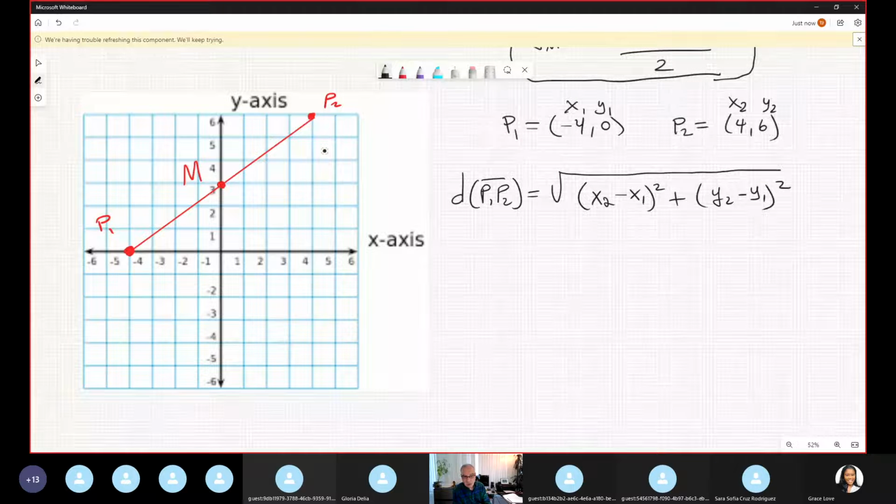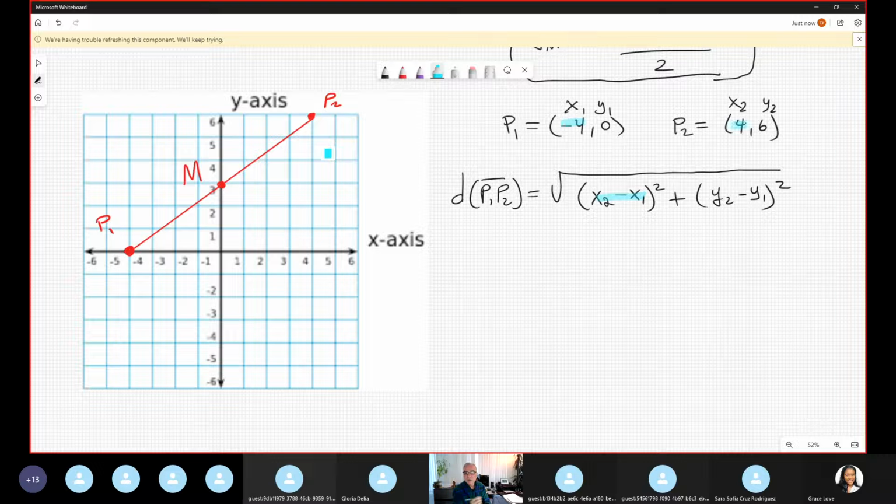So the shortcut to do it super fast: you take the x component and subtract them. What is the difference between negative 4 and positive 4? The majority of the students say it's 0. No, it's not 0.